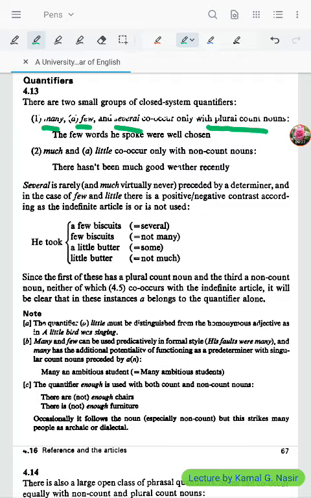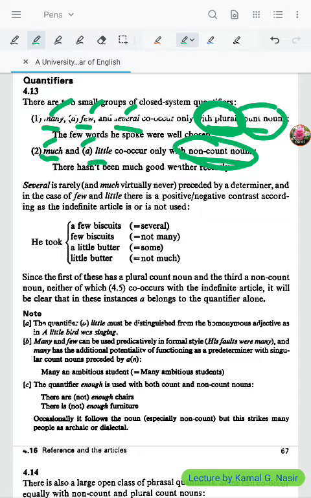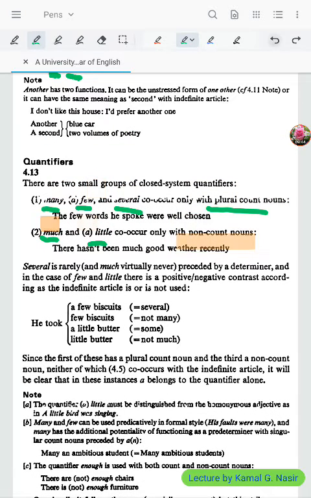The second group, much and little, co-occur only with non-count nouns. So when we use much or little, we use them with non-count nouns. When we use many, few, several, we use them with count nouns. Which type of count nouns? With the plural. This is important, right?